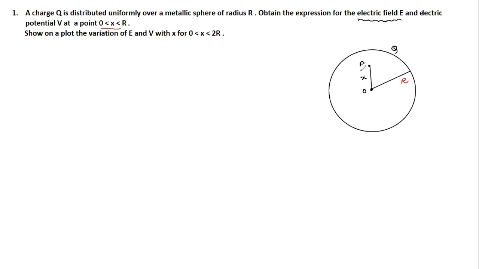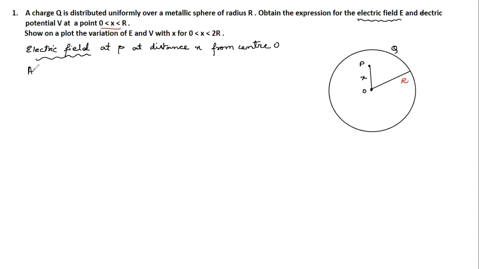First we will find out our electric field value, and then we will find our electric potential value. Electric field at point P at distance x from center O. To find the electric field, we'll make use of Gauss theorem.